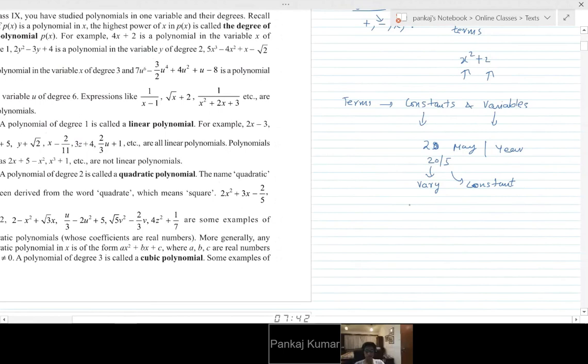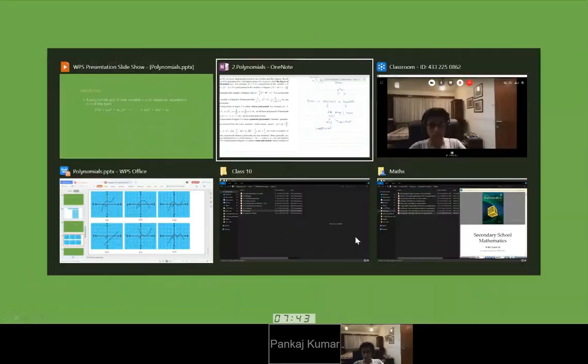Now one more: coefficient. What is coefficient? Any idea?